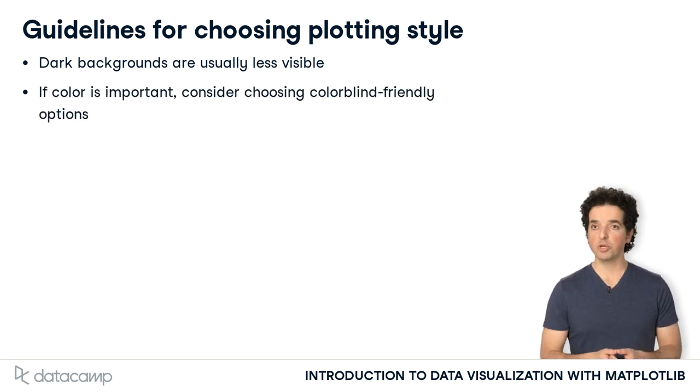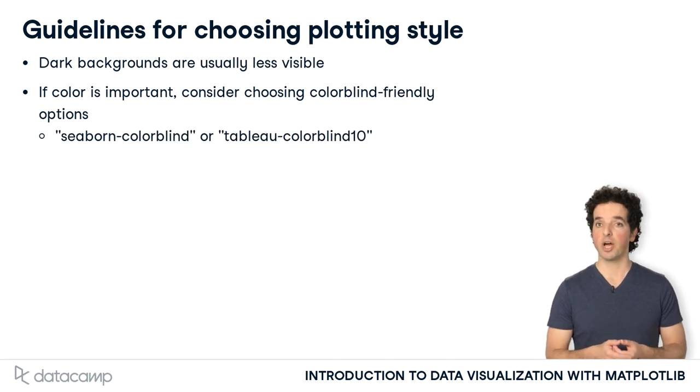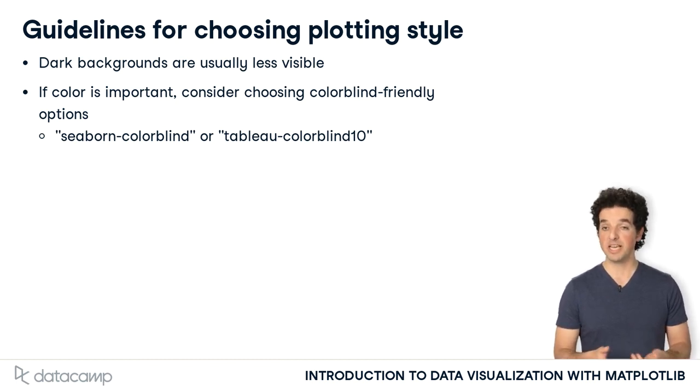If colors are important, consider using a colorblind-friendly style, such as Seaborn Colorblind or Tableau Colorblind 10. These are designed to retain color differences even when viewed by colorblind individuals. That might sound like a minor consideration, but approximately 1 out of 20 individuals is colorblind.